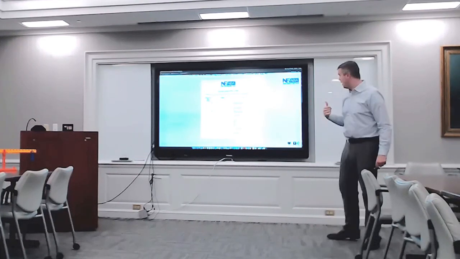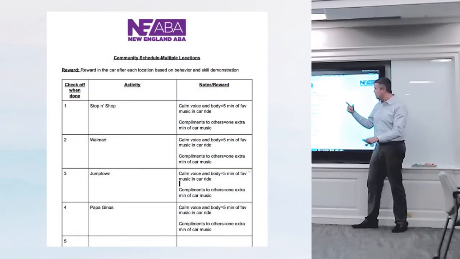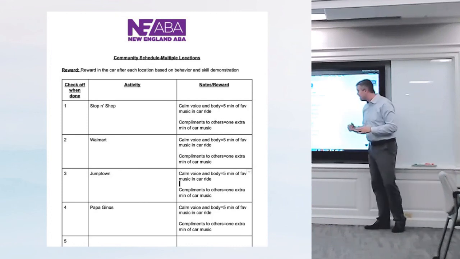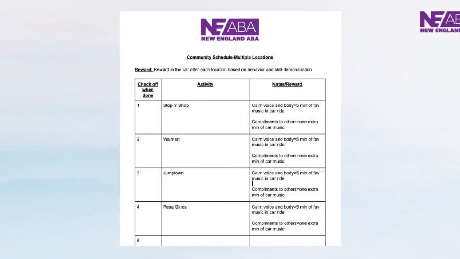So in here, I'm targeting calm voice and body, which gets 5 minutes of the favorite music in the car, and then I'm adding on an extra thing where I'm saying, if you can give a compliment to someone when we're at Stop and Shop, or Walmart or Jumptown, I'm going to give you an extra minute of that favorite music in the car.